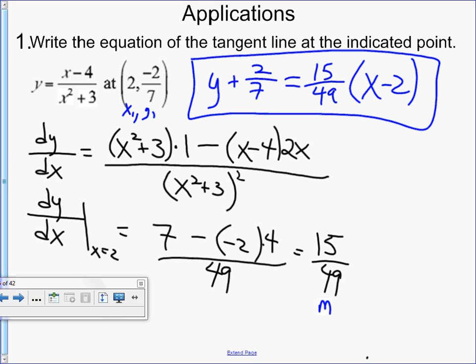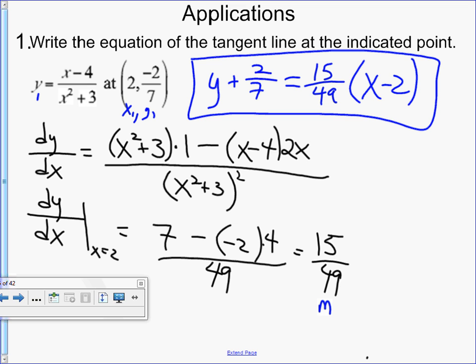You say you don't believe me? What you should do is on your calculator, later today, put this original function in y1 and put the tangent line in y2. Now, in order to put that in your calculator, what would you have to do? Just subtract this 2/7, right?